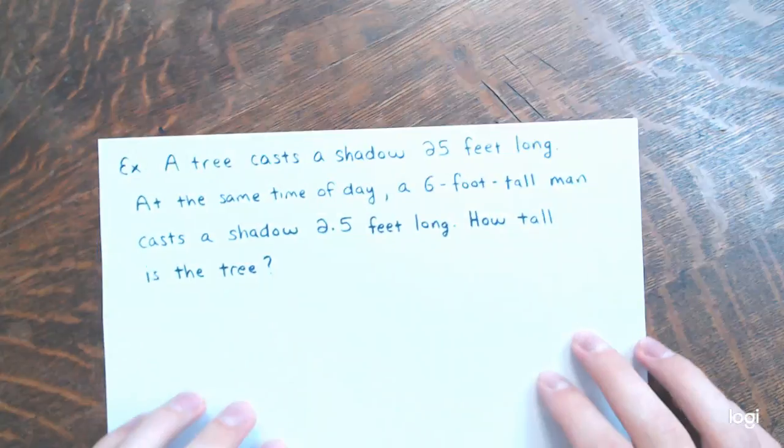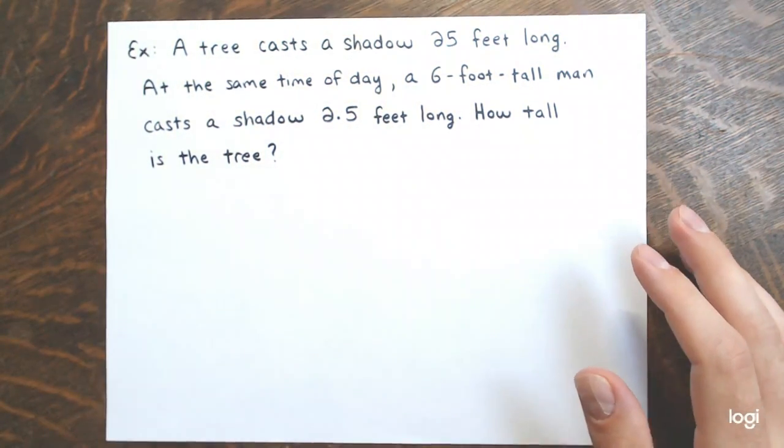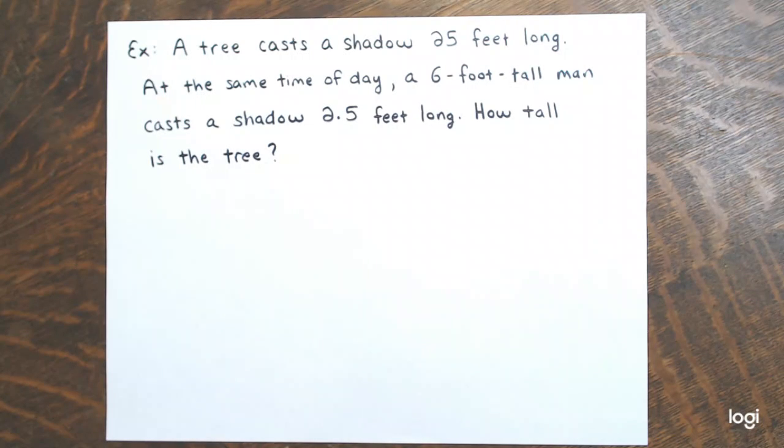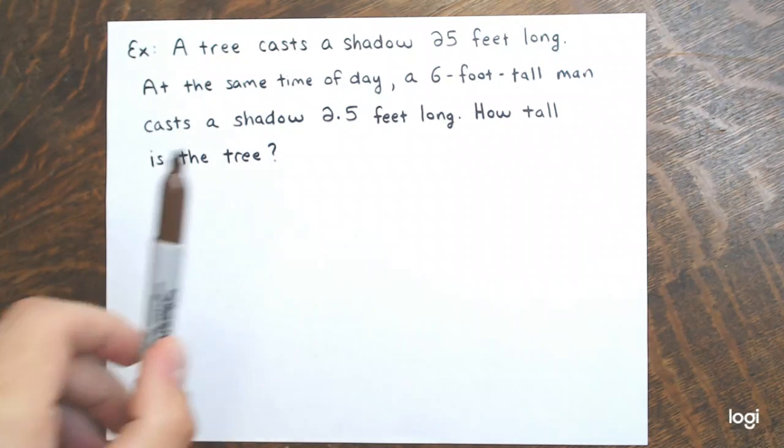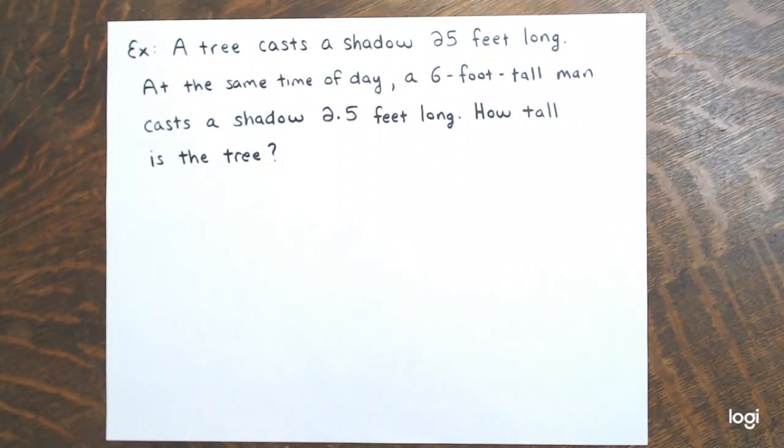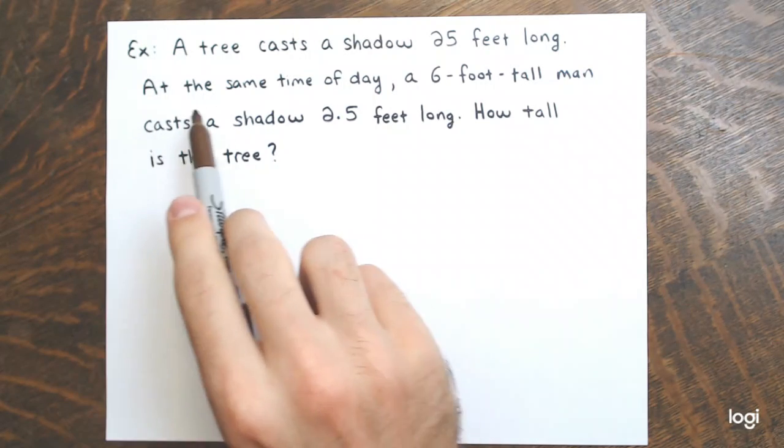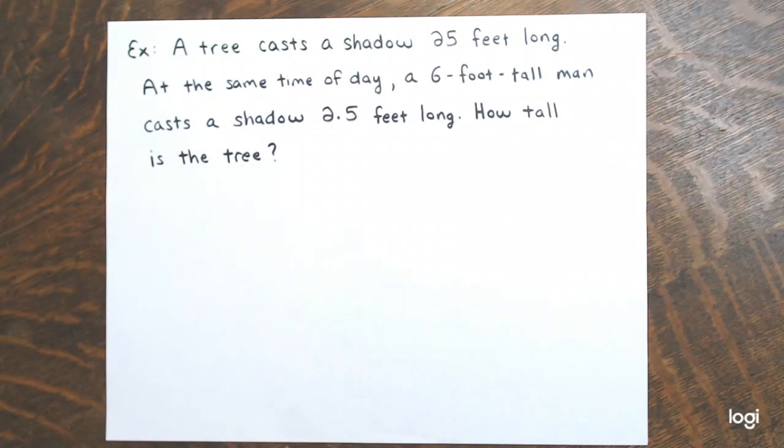It's a word problem I pulled from some book, where we're going to have to set up our own picture and then set up a proportion, and we'll see similar figures here. A tree casts a shadow that's 25 feet long at the same time of day. The only reason this is said is so that the sun is in the same position overhead.